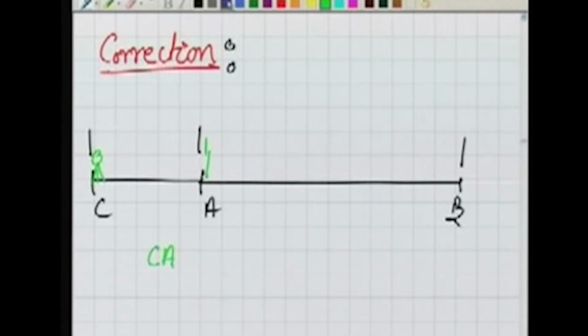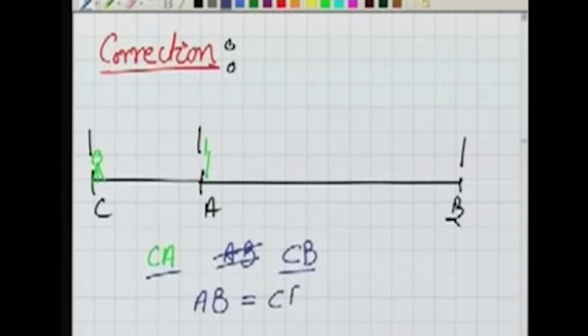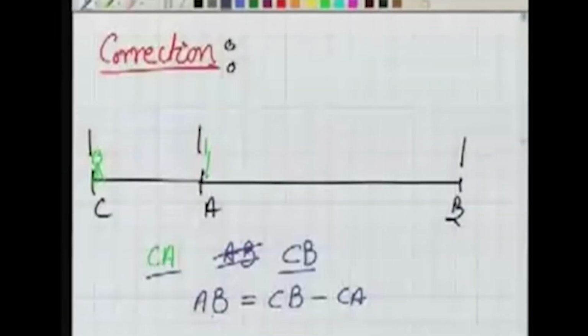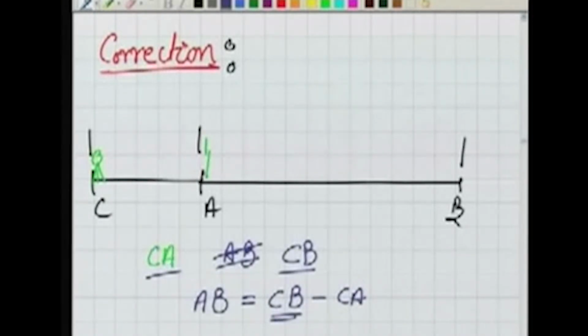I also measure CB. Having measured CA and CB, I can determine AB as CB minus CA. Now what is there in this? I am determining AB using CB minus CA.